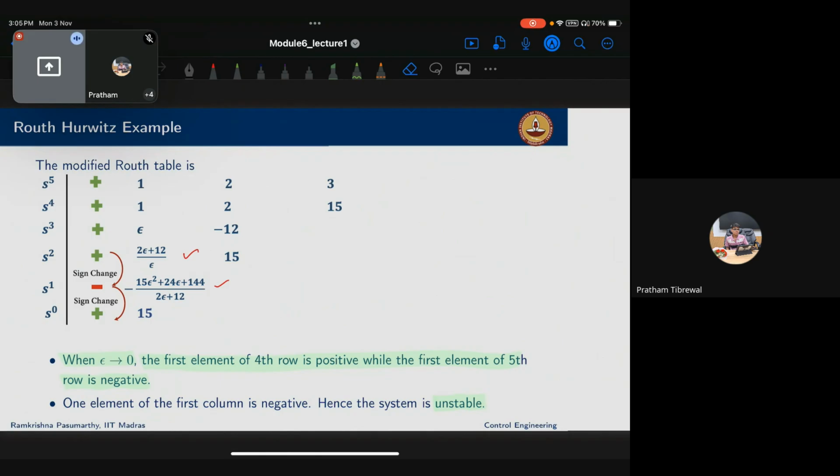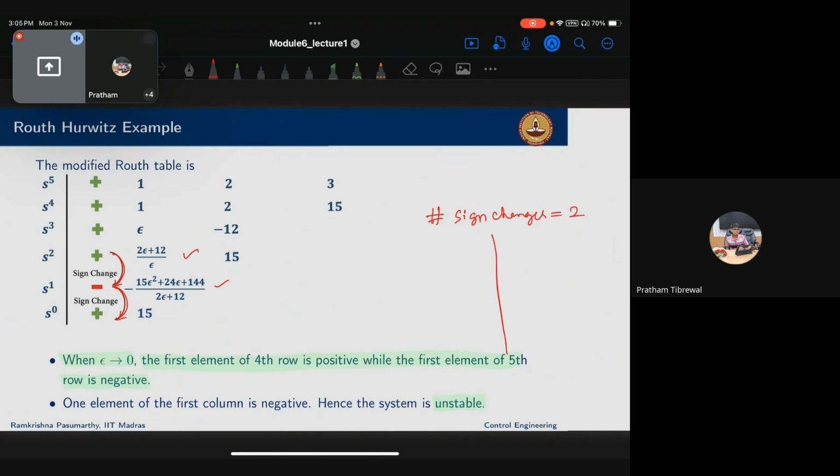How many sign changes are there here? Only two times a sign change happened. From here to here, one sign change, then from here to here, another sign change. So the number of sign changes is two.